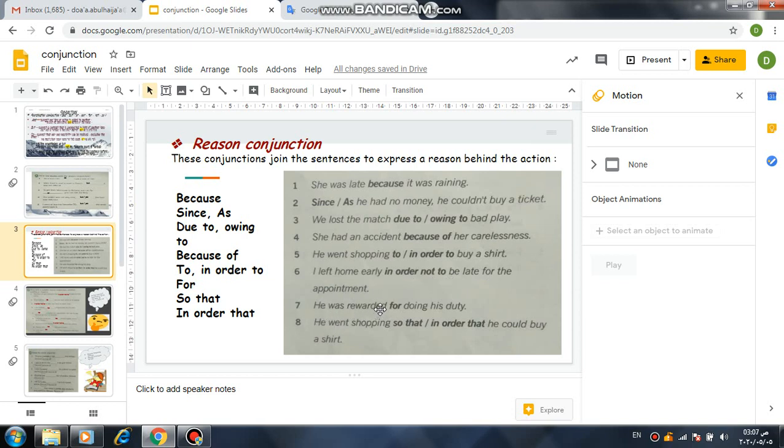He was rewarded for doing his duty. The reason for the reward is doing his duty. He went shopping so that, or in order that, he could buy a shirt.